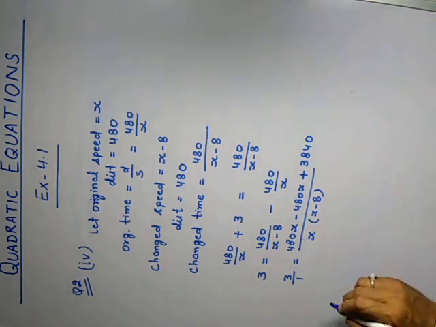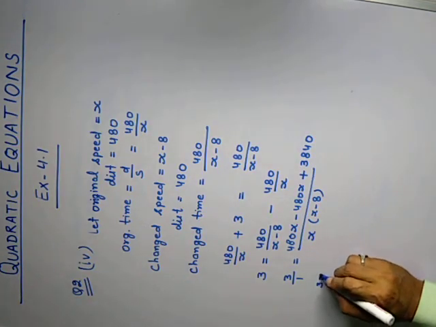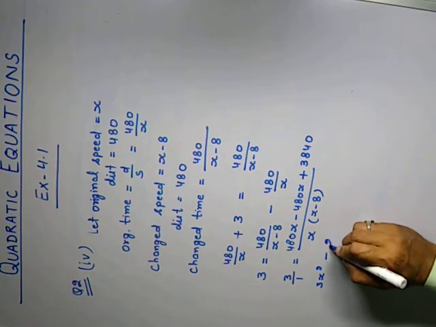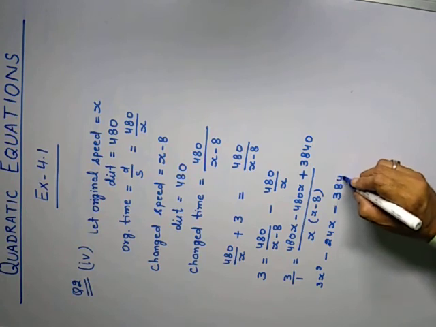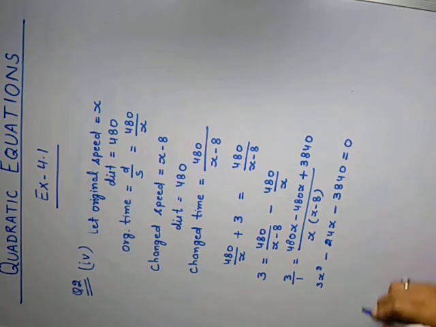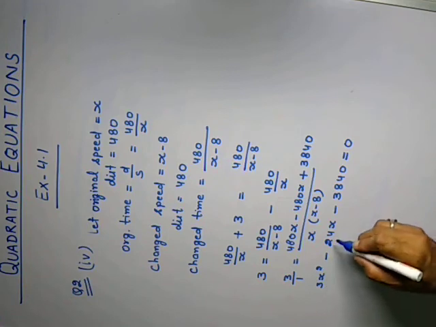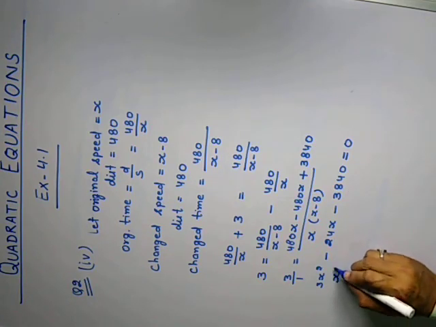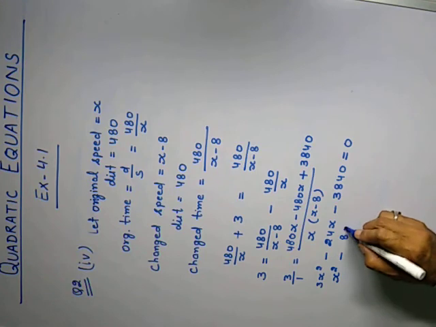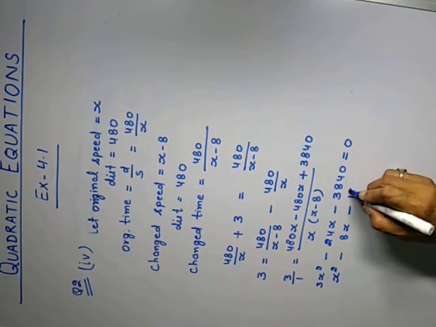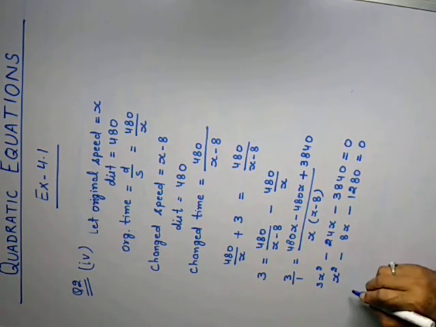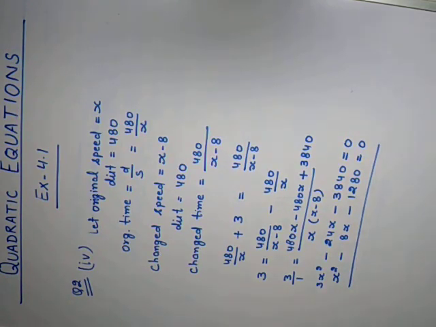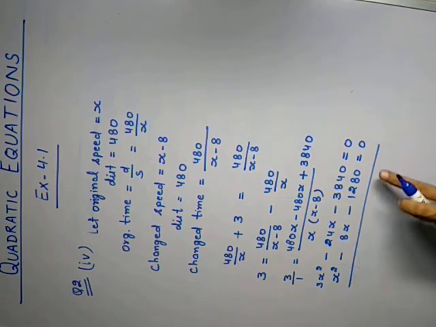If we cross multiply it, we will get 3x square minus 24x minus 3840 equals 0. Now you can see all the terms are divisible by 3. So x square minus 8x minus 1280 equals 0. So given word problem can be represented in the form of quadratic equation.